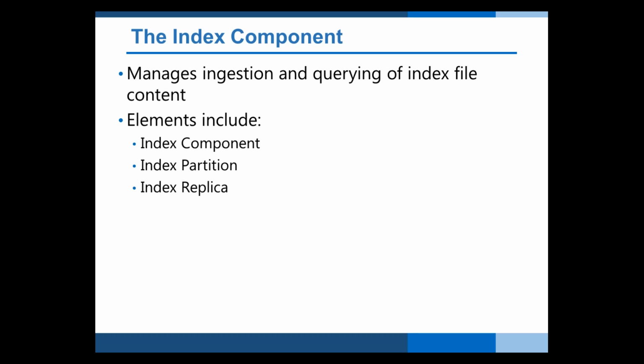We can also break up this index into smaller chunks. We call it partitioning to make it even faster. Ideally, about 20 million items should be in an index partition. After that, you should break it up into an additional chunk. Index replication or replica is we can have a copy of the index. So if one server fails, the other one can take over.